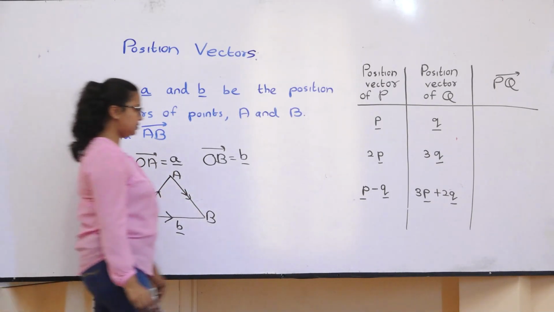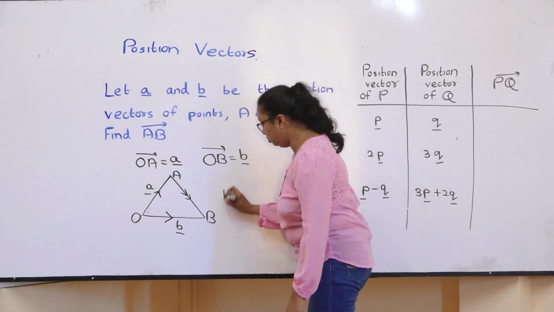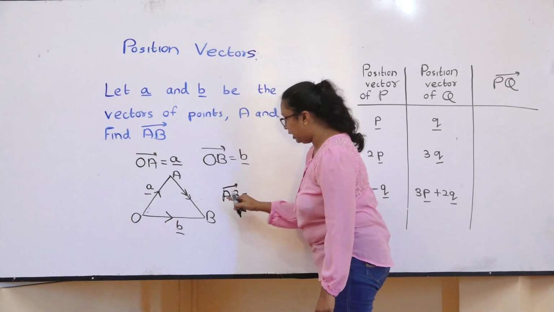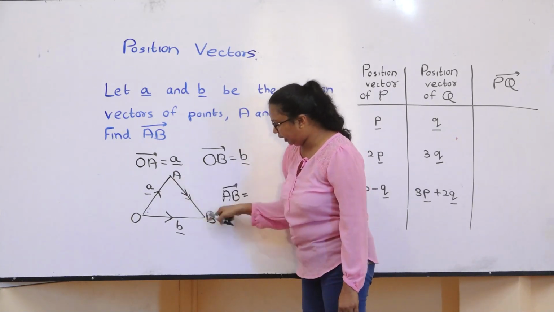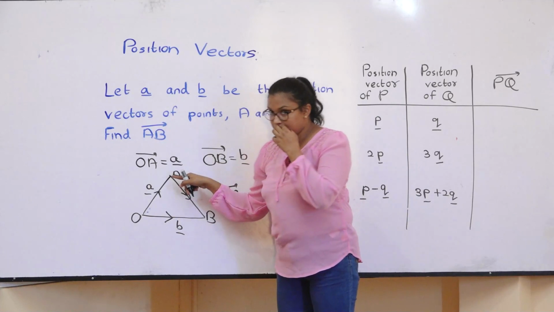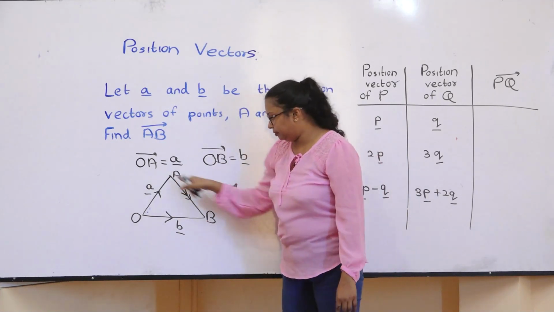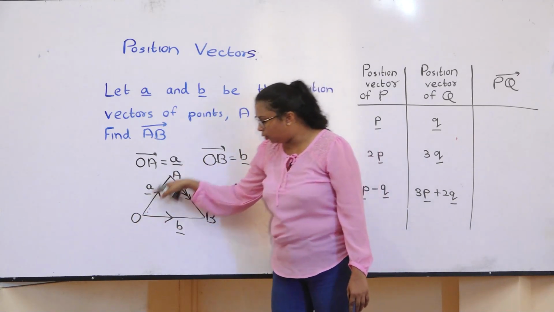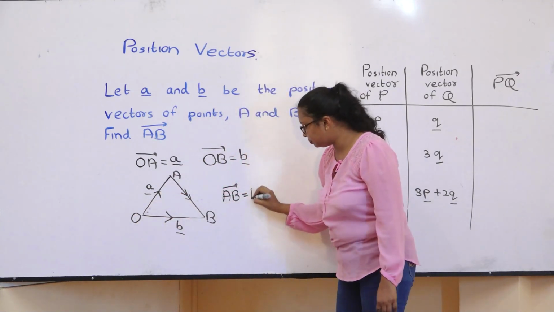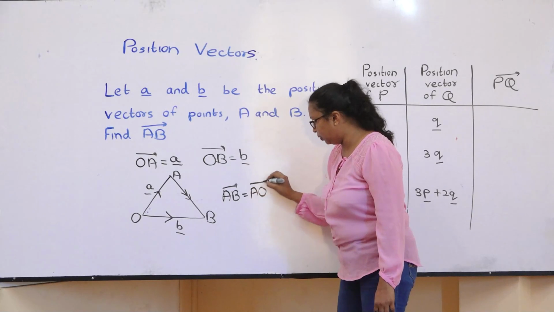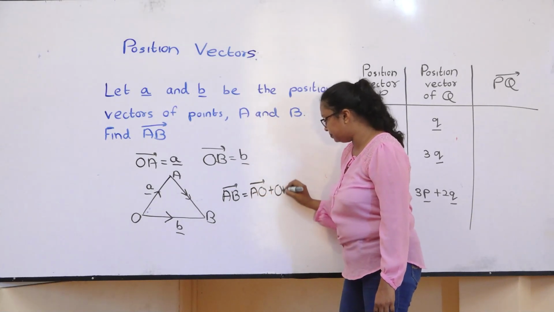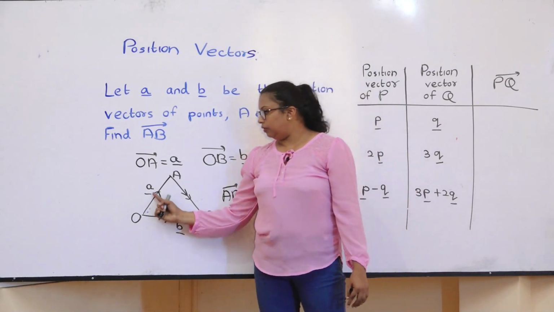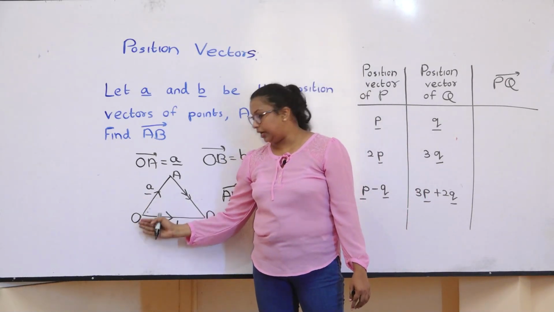Now let's use the triangle law of vector addition we all know. How can we write AB? What is the path you can use to go from A to B? AO plus OB. That is AB. Now, what is vector A? That is OA.